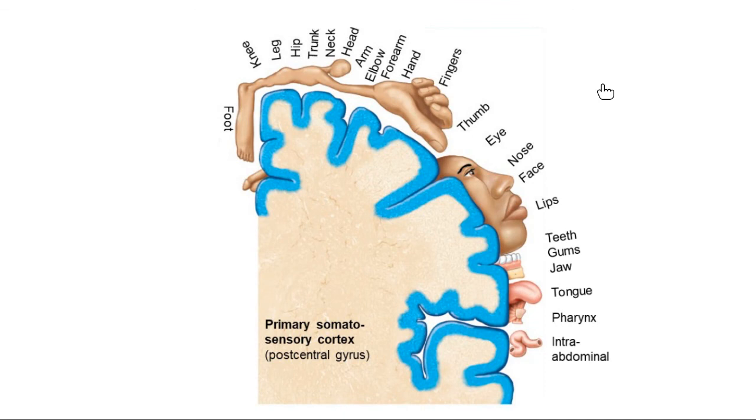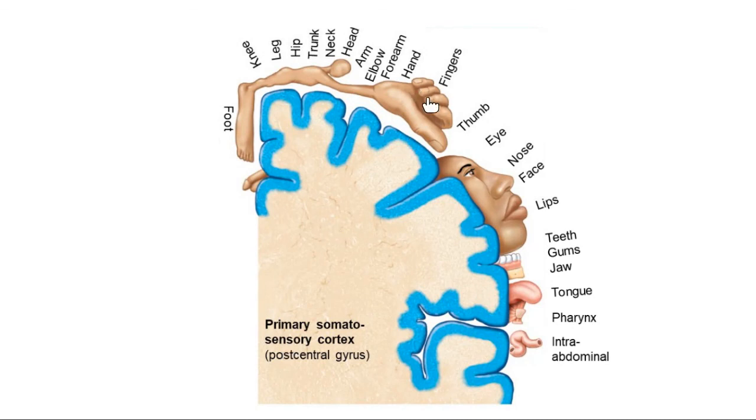So here's kind of the biggest picture, what I think you should be able to do, and the homework assignment will help you to practice this. When we look at the homunculus, whether it's sensory or it's motor, it's going to give you an idea of how much information either comes from that area, when we're talking about the sensory one, or how much information is going back to that area. So the sensory homunculus is all about receiving sensory information.